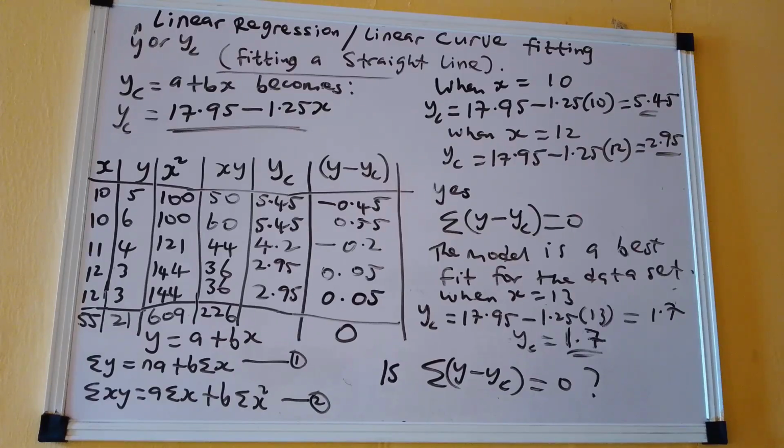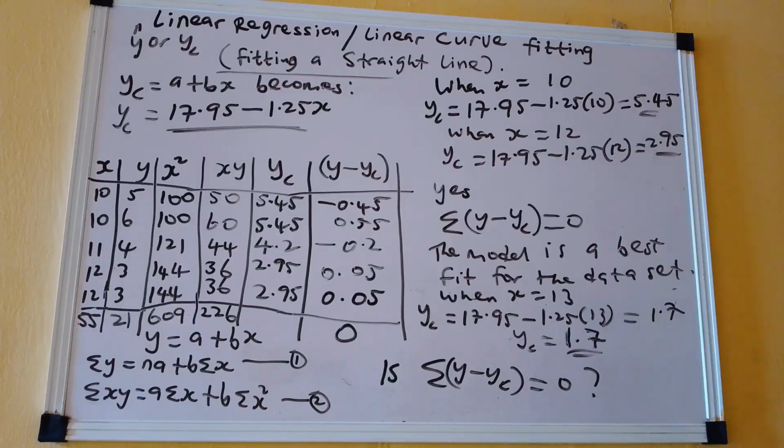Now, of course, our A is the intercept, our B is the slope. The nature of the linear regression is determined by the slope. The slope can be positive or negative. If it is positive, that means the independent variable is impacting positively on the dependent variable. If it is negative, it means the independent variable is impacting negatively on the dependent variable.